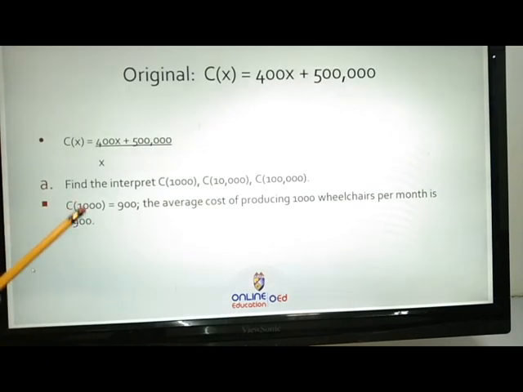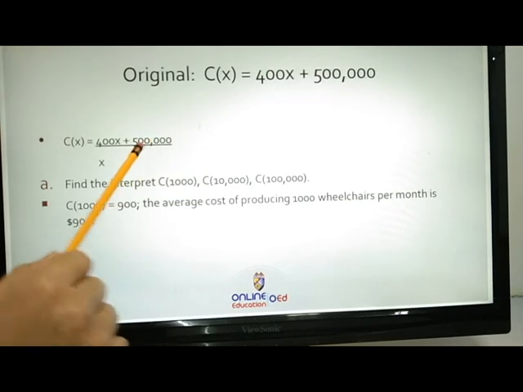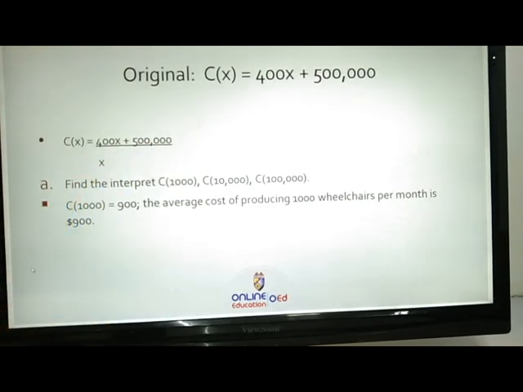Okay, so that is 1,000 times 400 plus 500,000 divided by 1,000. So that is 400,000 plus 500,000 divided by 1,000, that is 900. Okay, so the average cost of producing 1,000 wheelchairs per month is $900.